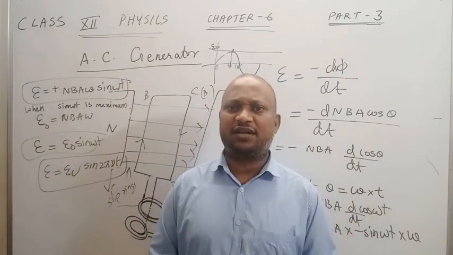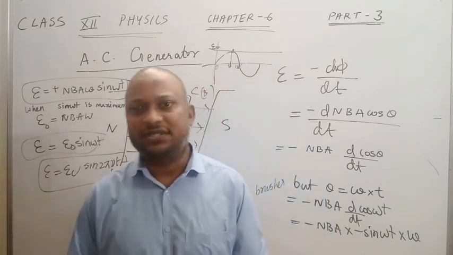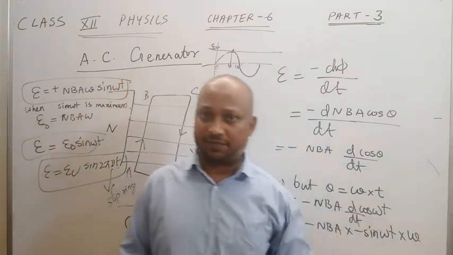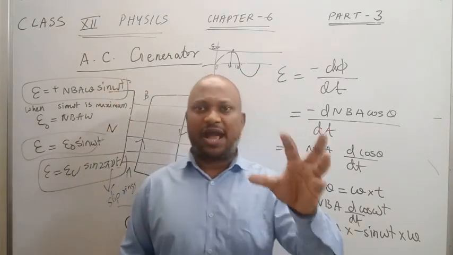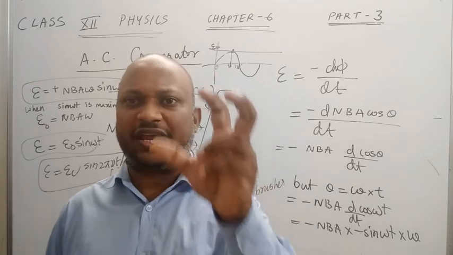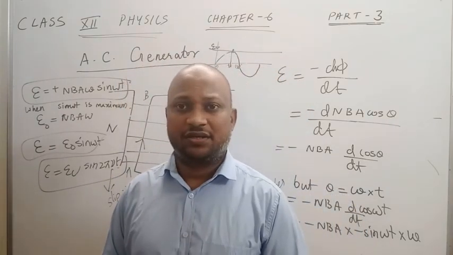So this chapter is ending with a new concept called AC current, which is what the next chapter is all about. So the chapter comprises a very clear idea. That idea is electromagnetic induction.